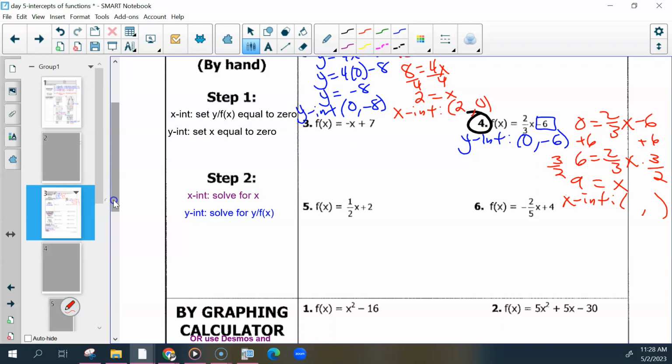I was thinking y-intercept. You're right. 9, 0. Any others in this section?